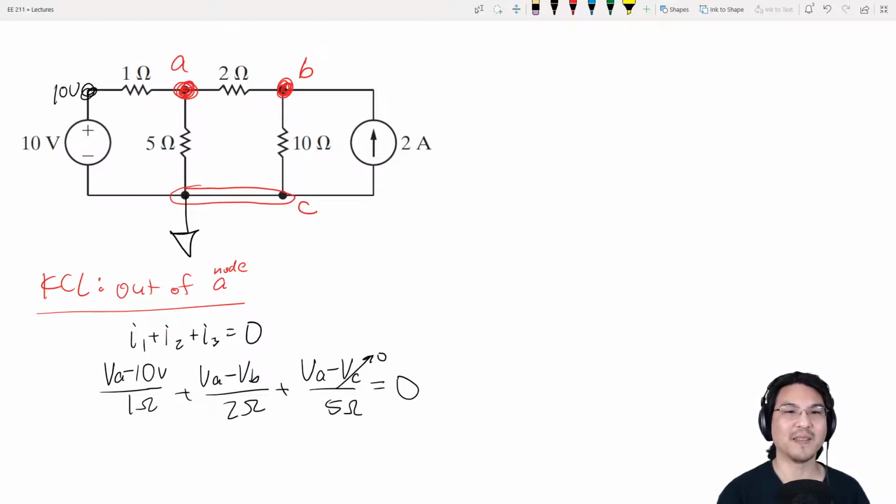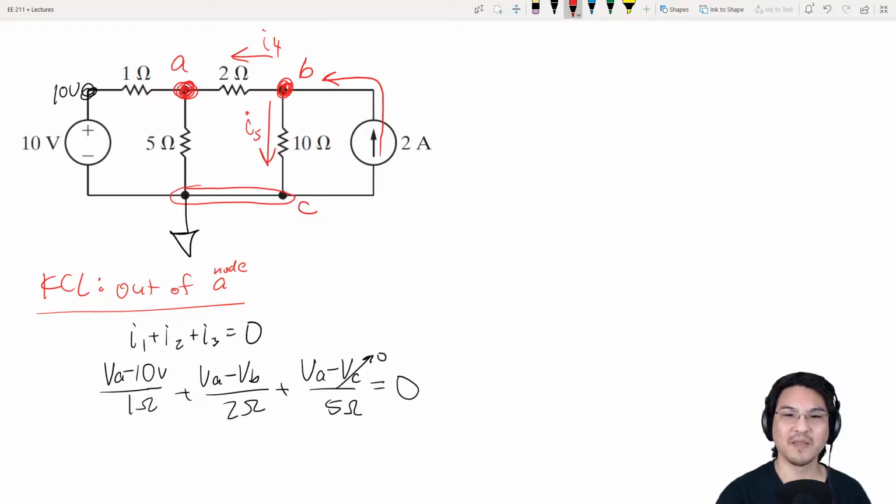Now let's write KCL at node B. So I'm going to stick with going out is positive. So going out of node B is this way, and this 2 amp source is coming this way. I'll call this I4 and I5.